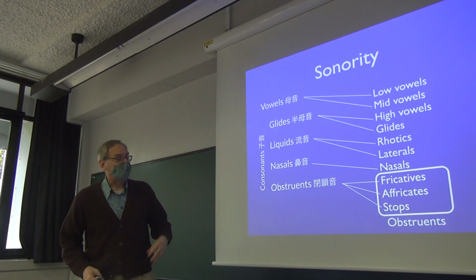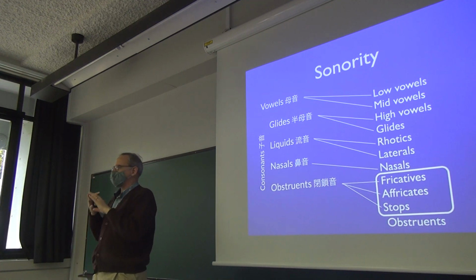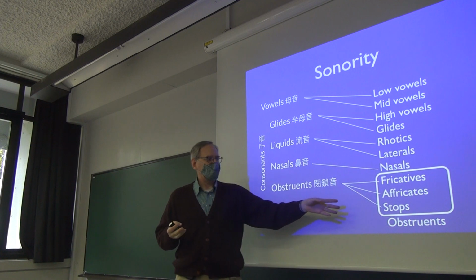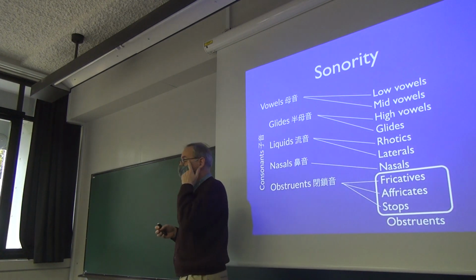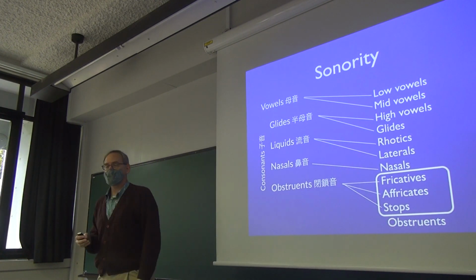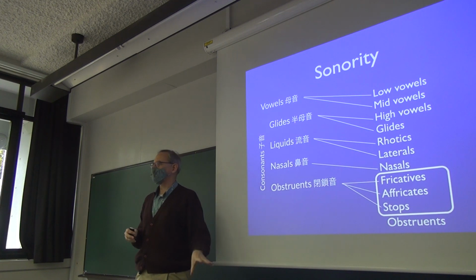All right, I want to group together the different classes. So together these fricatives, affricates, and stops, which we'll learn in more detail, form the group of obstruents. Obstruents are not sonorant.